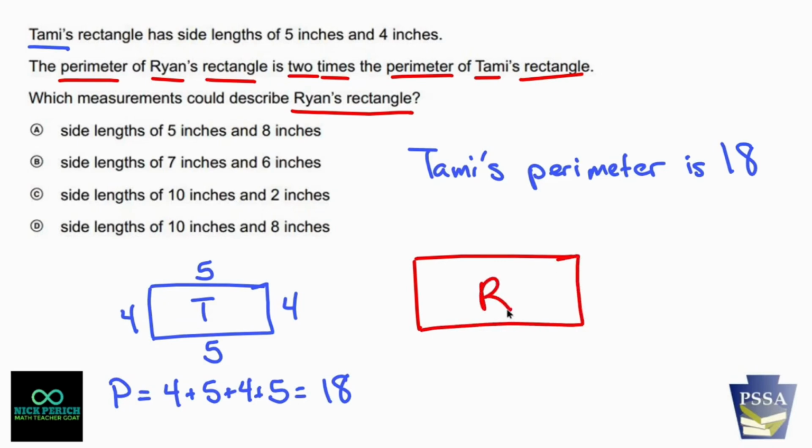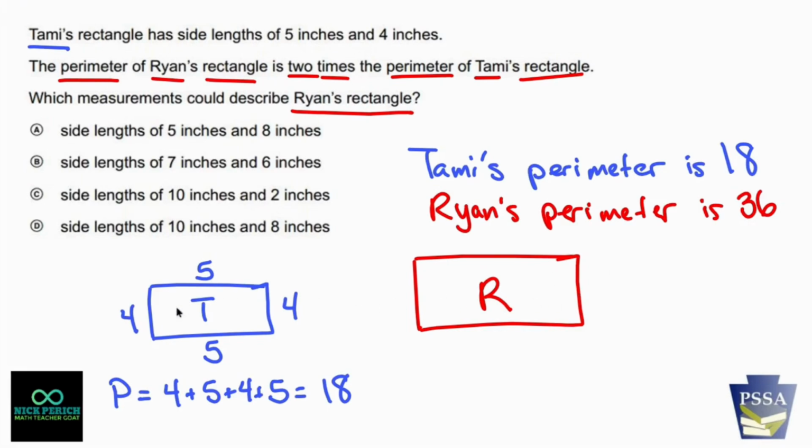So I'm going to go to Ryan. And I know his perimeter is 2 times 18, so a calculator would say 36.